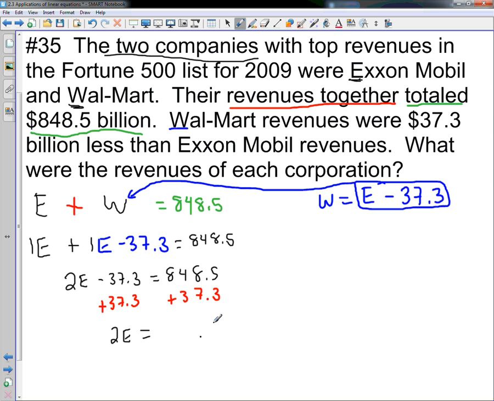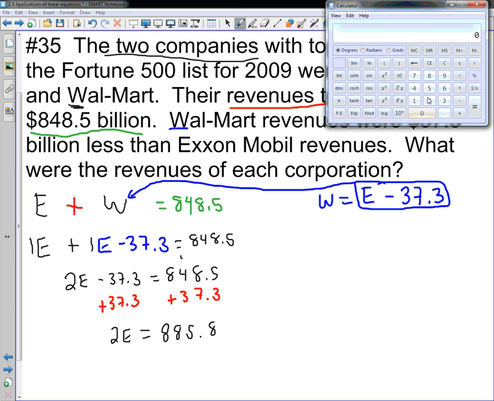So we have an 8 here, 15, carry the 1, so 7, 8, 8. Right. And if you wanted to go ahead and use a little calculator, you could. And we have 848.5 plus the 37.3, 885.8. Okay, look, feeling good about it so far.